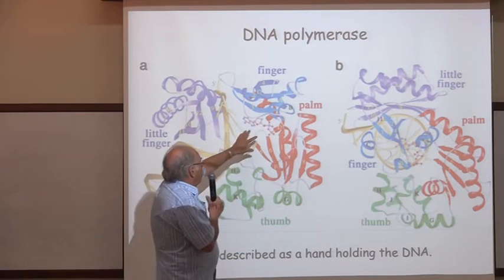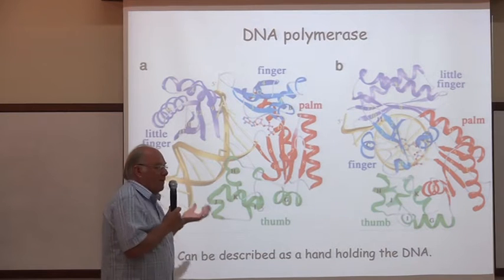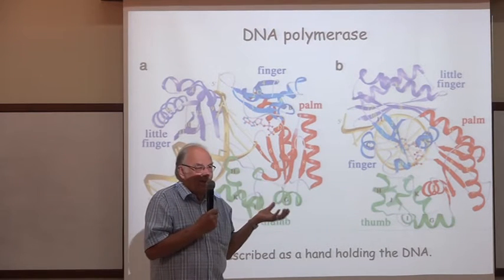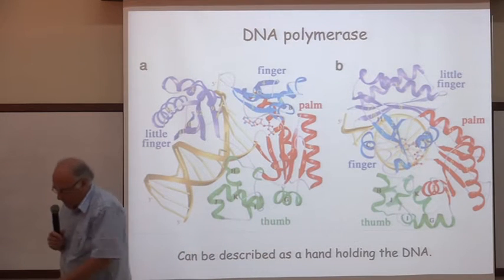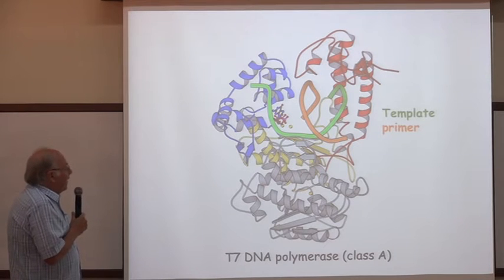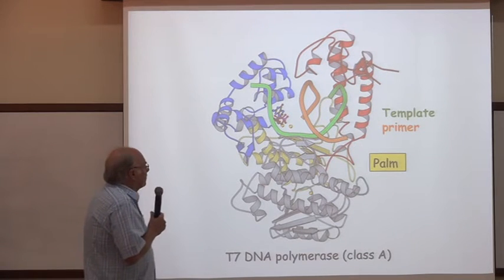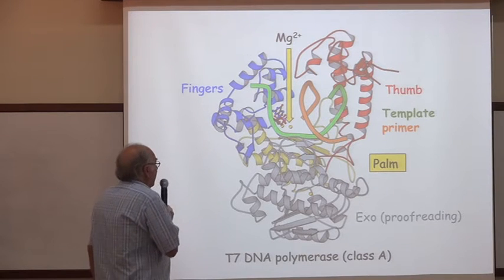And here's the nucleotide to be incorporated. So remember this, the DNA polymerase is constructed just like a hand, and we'll go into some more details of this. So here we see the different parts again.